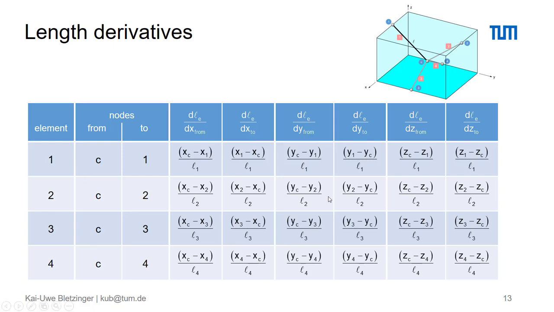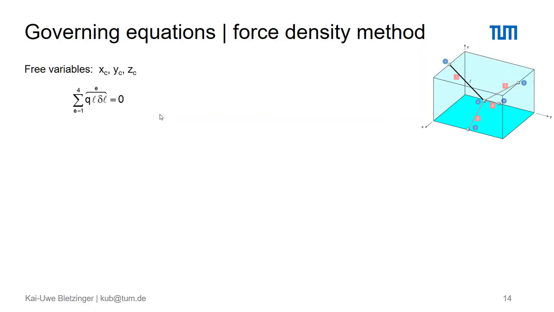I don't go into details of this table. That's one of these preliminary works which has to be done when you go into the discretization of these equations. Nevertheless, we can now refer to these intermediate results to solve for the 3 unknown variables, which are the coordinates of the center node.